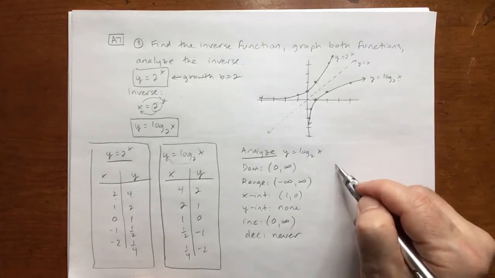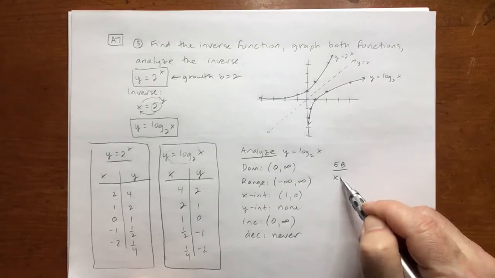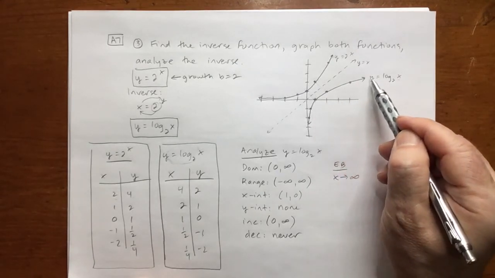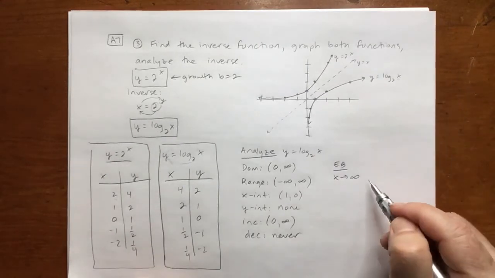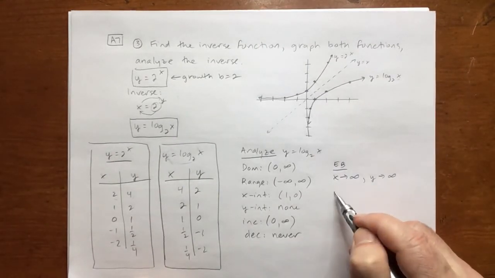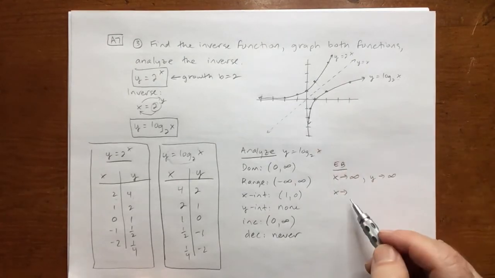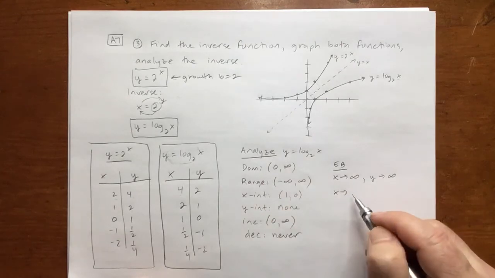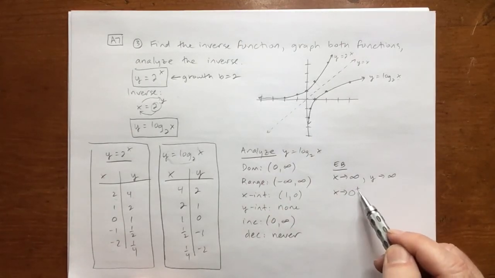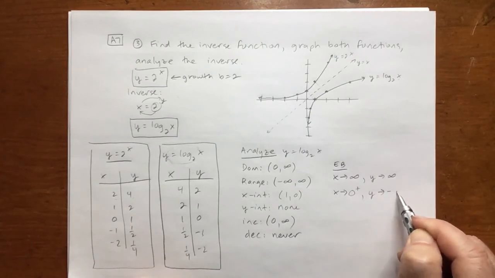How about end behavior? As x goes to the right, what's going on? Well, it looks like it's getting kind of shallow here, but it does go up forever, so y goes off to infinity. And as x approaches 0 from the right, and we write that like this, we're approaching 0 from the positive side, and the y values are going way down.